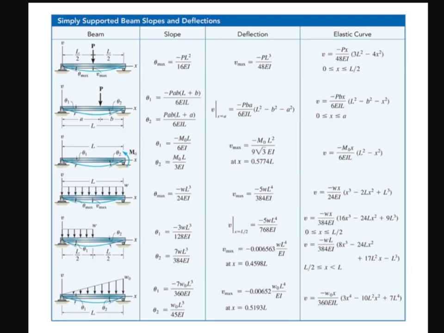It looks like theirs is going to be a negative P times BA all over 6L, with L squared minus B squared minus A squared.